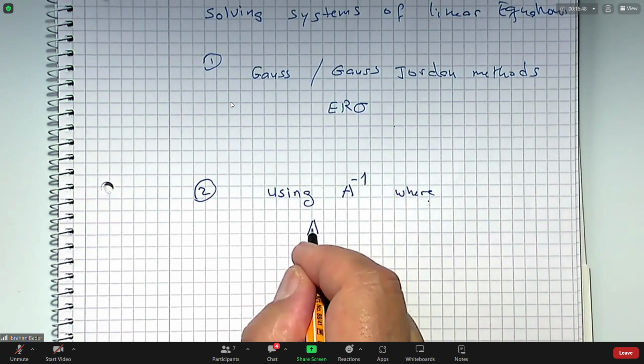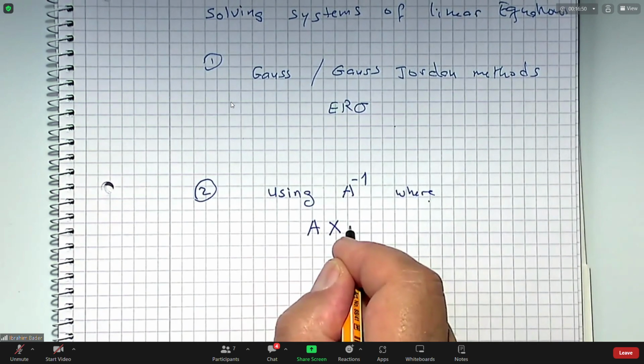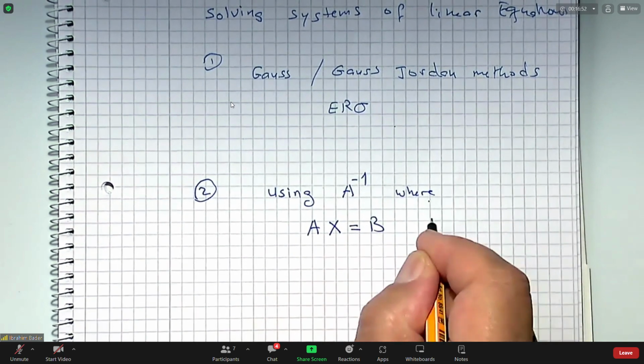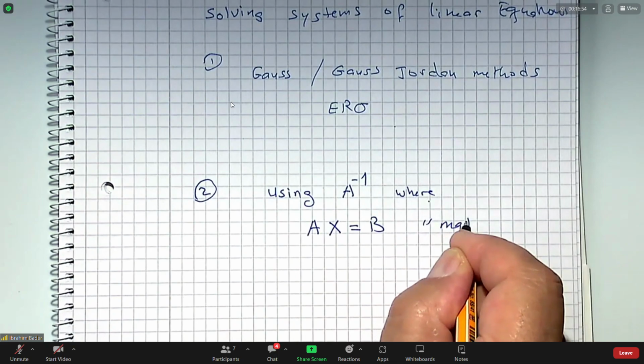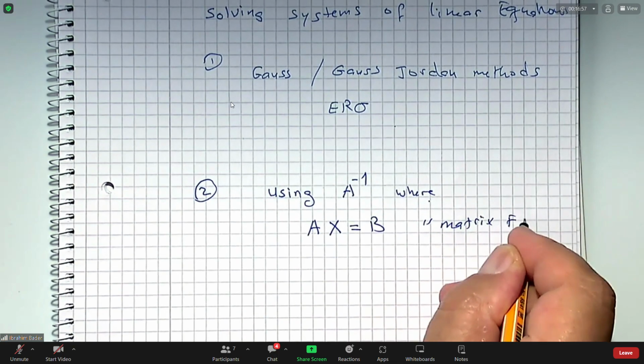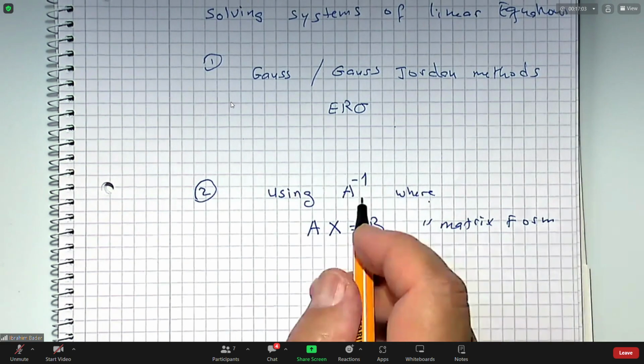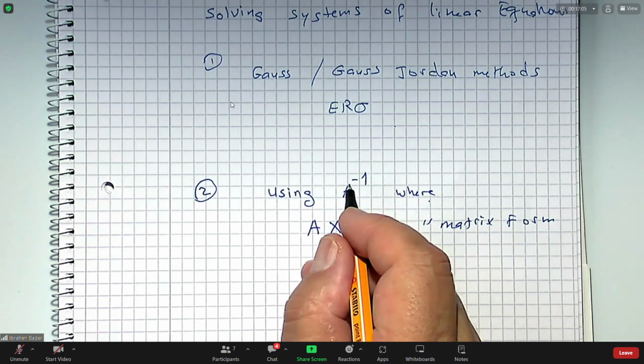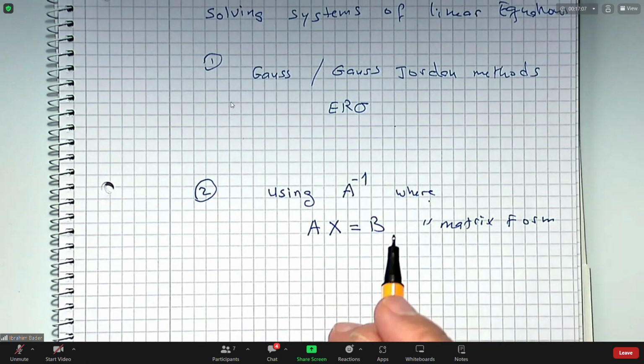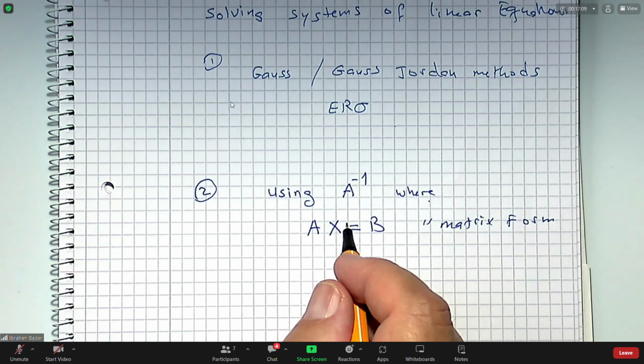So you write the system in the so-called matrix form. And our goal for today is to develop a method to evaluate this particular matrix inverse.